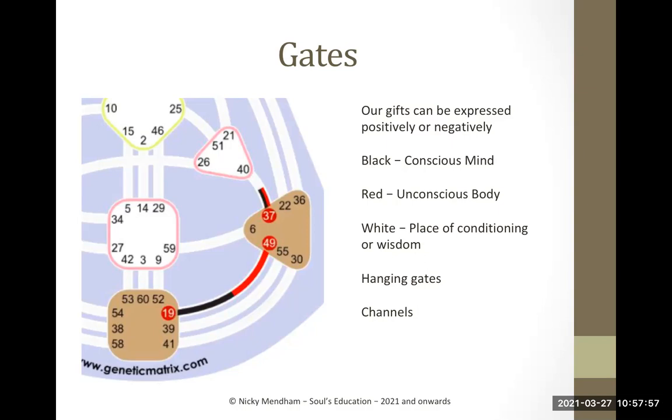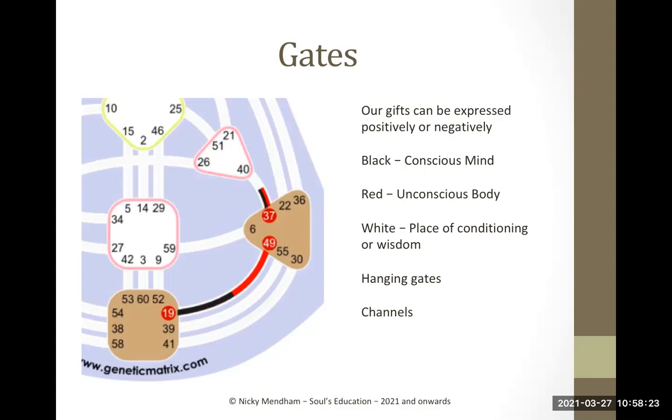So when we looked at the body graph, we had the black conscious mind. So the gates are highlighted here if it's to do with your persona, to do with how you present yourself out in the world. And then the unconscious, which is the red here, this is the body. This comes from who you are as a person.